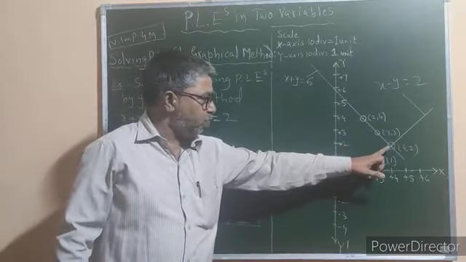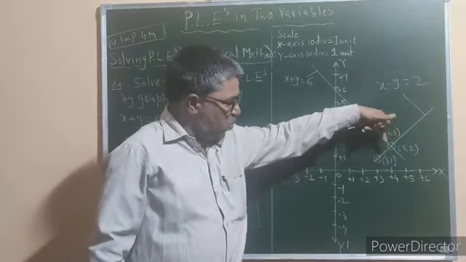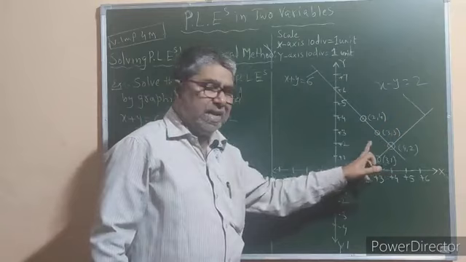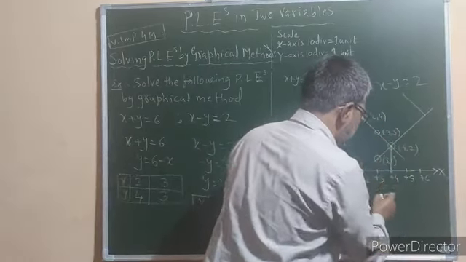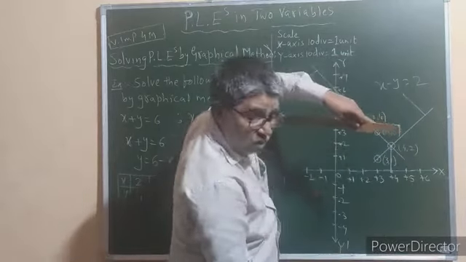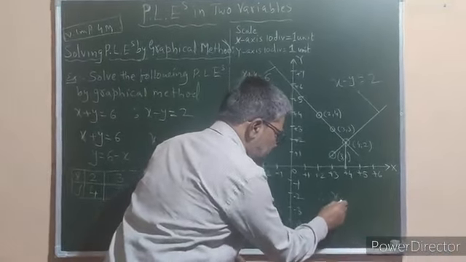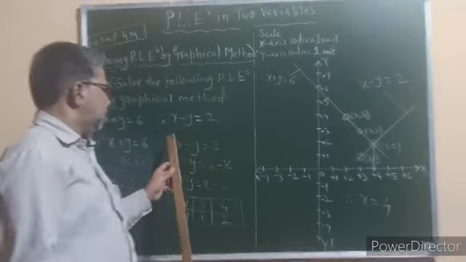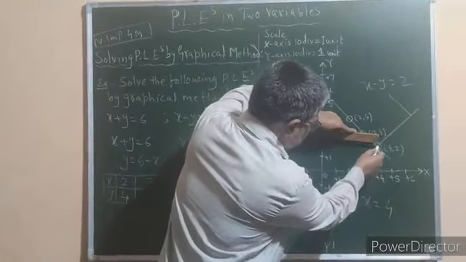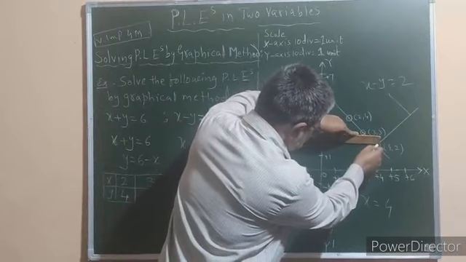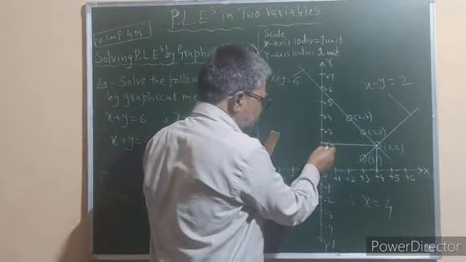From that point you have to draw 2 perpendiculars, one on the x-axis and the other on the y-axis. So this is one perpendicular which is drawn on the x-axis and it is falling on 4, meaning the value of x in this example is 4. The second perpendicular, which we are drawing on the y-axis, is falling on 2.